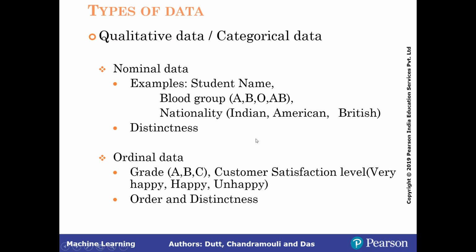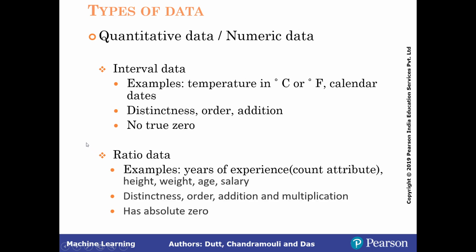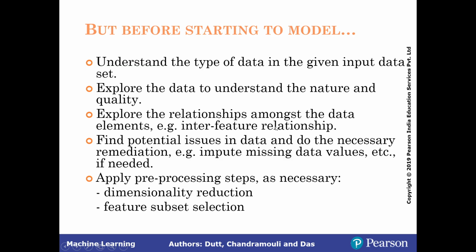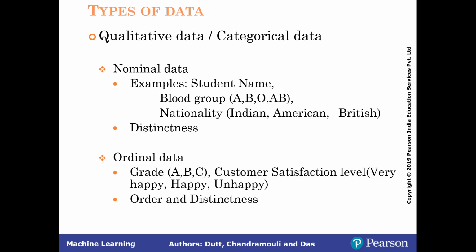Before starting this concept, the data we are working with will be in terms of strings, sentences, and also numeric things. That is classified into two types, qualitative and quantitative.